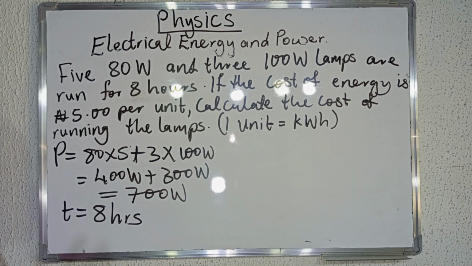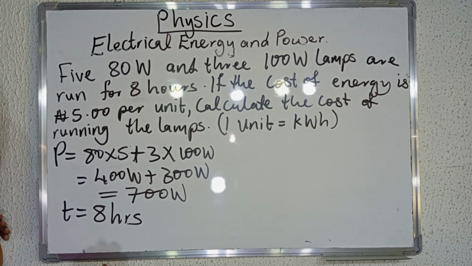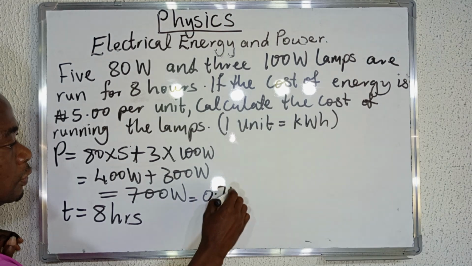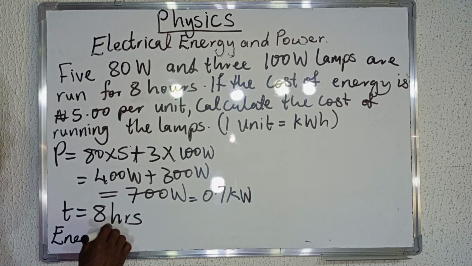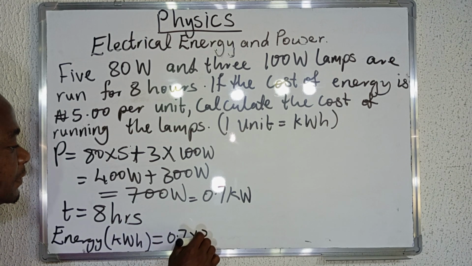If you want to calculate the quantity of electricity consumed here, first you change this one to kilowatts. Kilo means thousand, so we divide this by 1,000. If you divide by 1,000, it will give you 0.7 kilowatts. Time is 8 hours. Now energy in kilowatt hour is going to be 0.7 times 8.